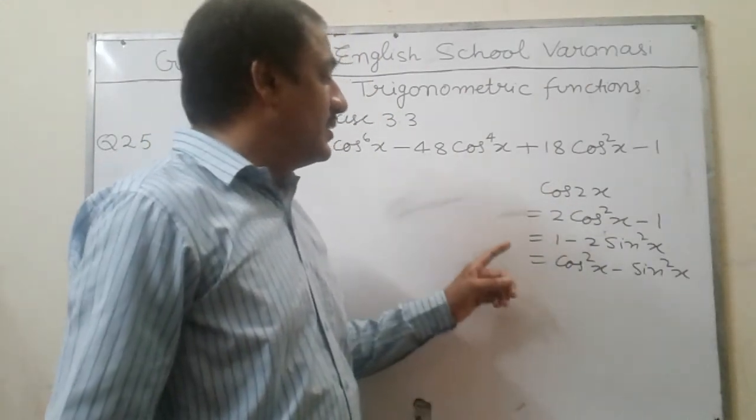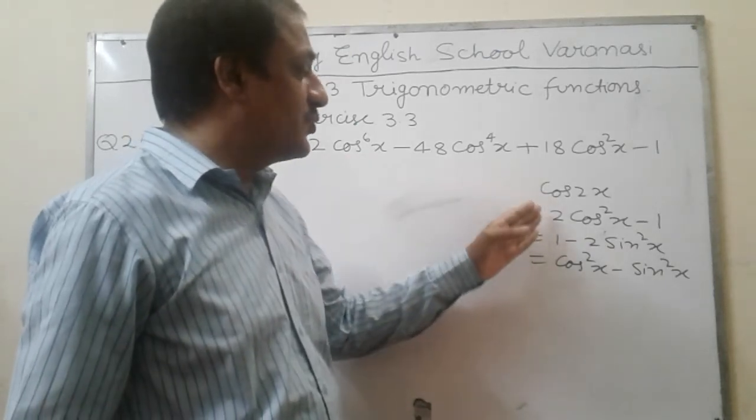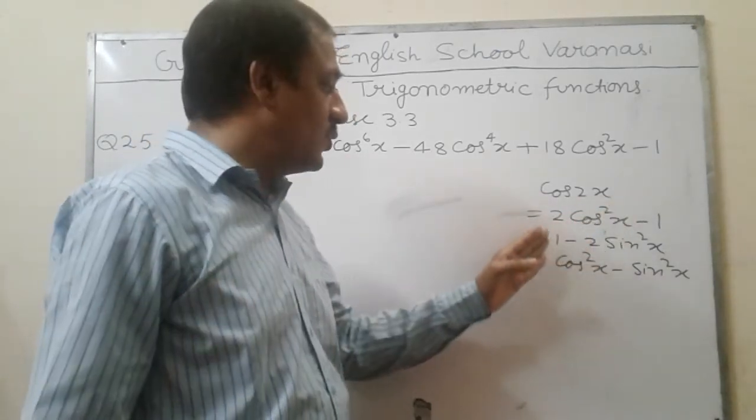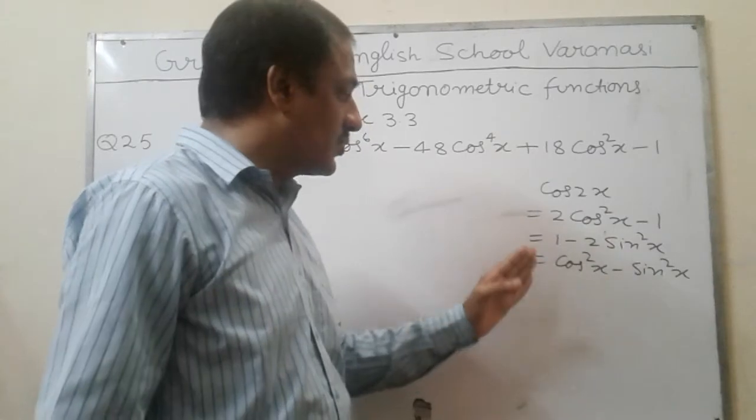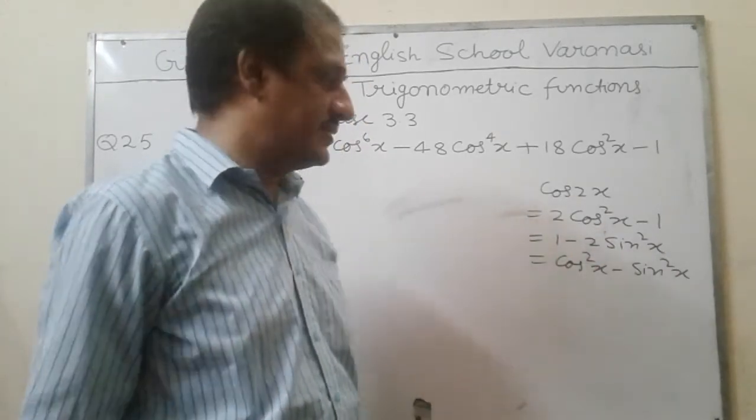Here we have cos 2x equal to 2 cos square x minus 1, 1 minus 2 sin square x, cos square x minus sin square x.